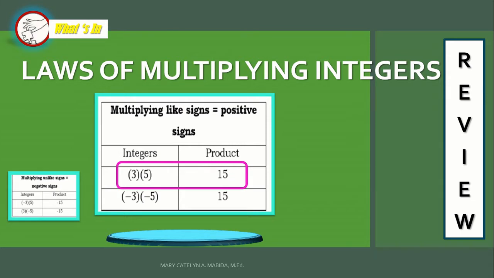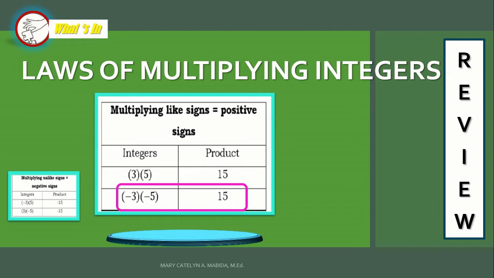Positive 3 times positive 5 is equal to positive 15. Now, what about if they are both negative? For example, negative 3 and negative 5. They are both negatives. So, the answer will also be a positive product. Negative 3 times negative 5 is equal to positive 15.